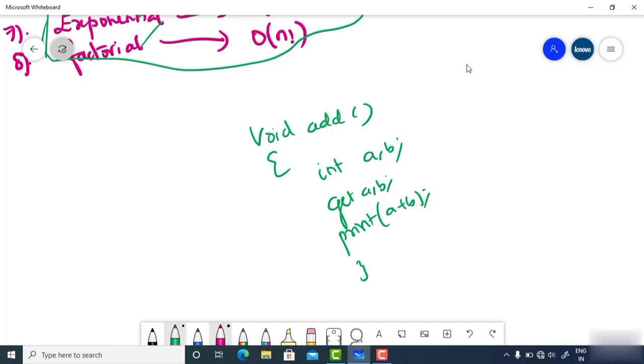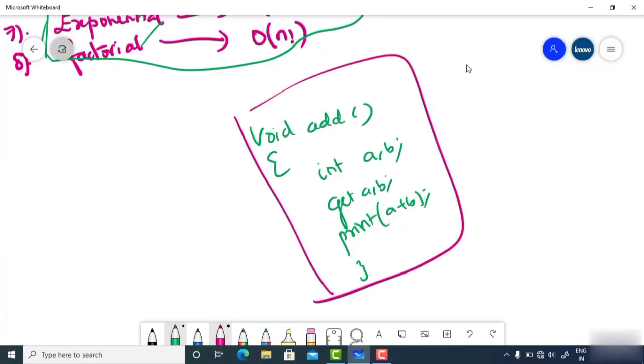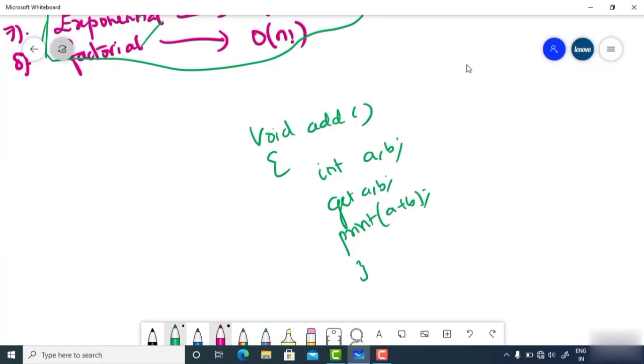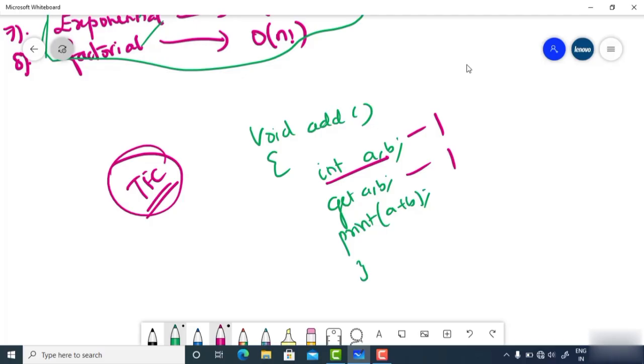So here you check what is the time complexity of this algorithm. Somebody asks you, right? That's very simple, guys. You have to just look for the total frequency count. This statement executes one time, this executes one time, this executes one time, and totally this will take 3 units to execute this particular algorithm.